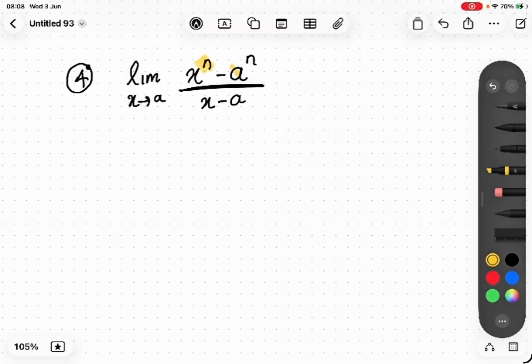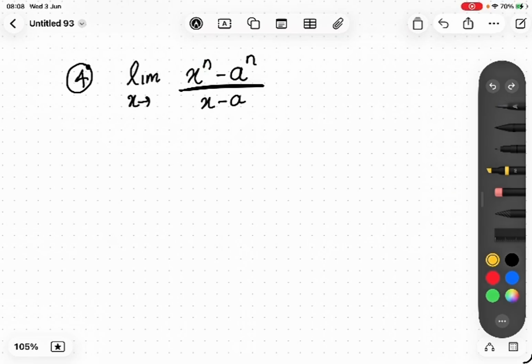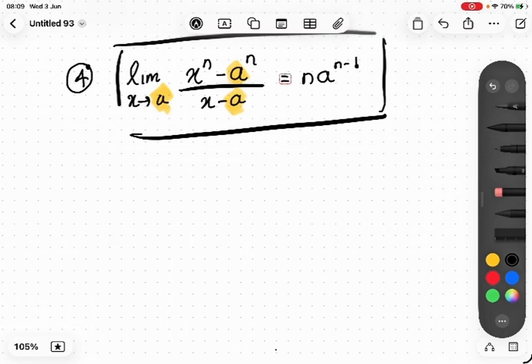This should be n, here n, and this is a: x to the power n minus a to the power n over x minus a when x tends to a. You should get this format exactly, then you can write the answer directly as n a to the power n minus 1. This is actually a shortcut method where n is a rational number.